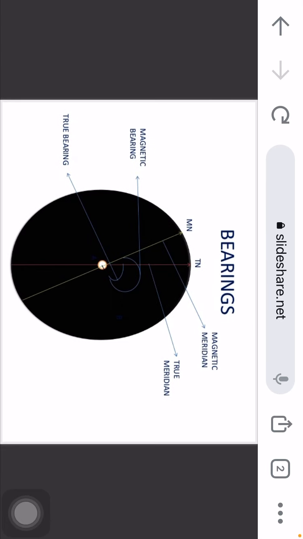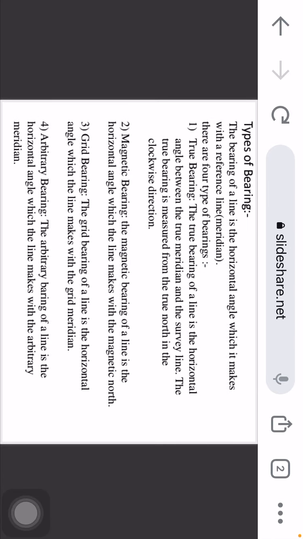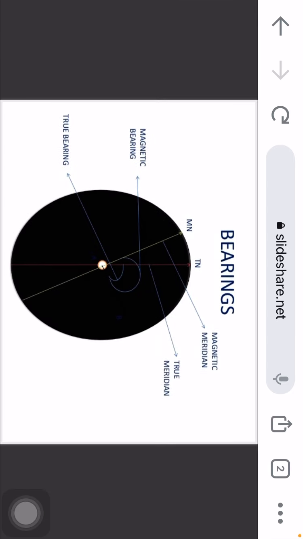See this figure. The true meridian is the red line, they have written it here. True bearing is measured in the clockwise direction with respect to the true meridian. Next, the magnetic bearing of a line is the horizontal angle which the line makes with the magnetic north, Mn. Mn is the magnetic north and magnetic meridian.